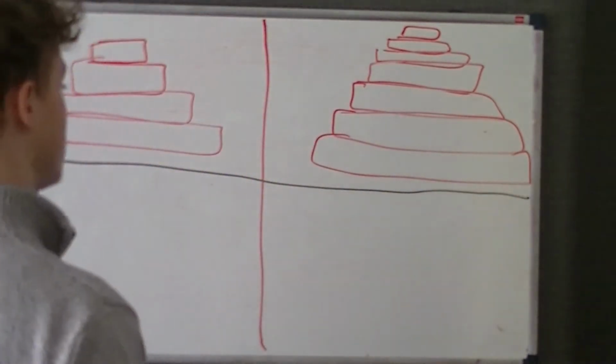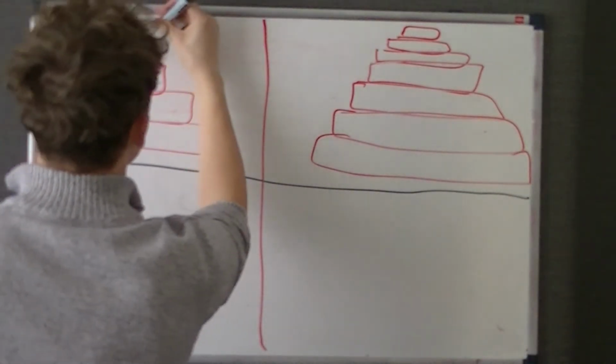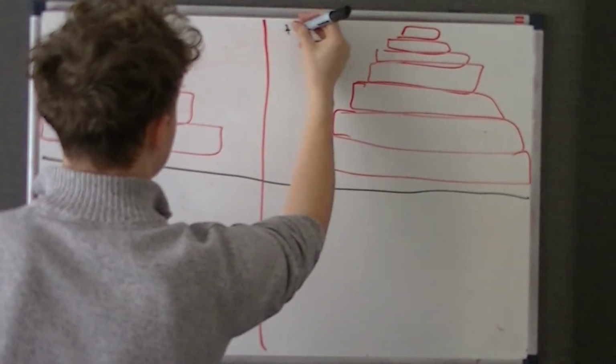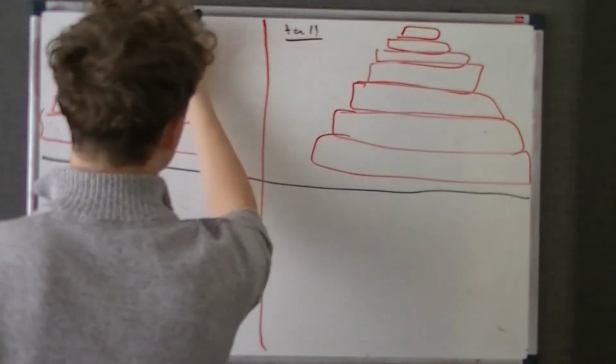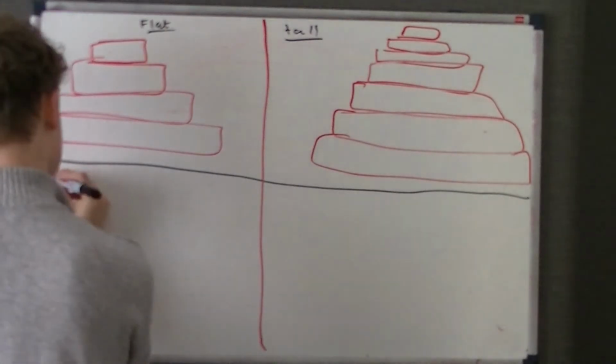Okay, so they're the two structures. I'll put this as flat, because my drawing's that bad, and tall. So, what are the advantages and disadvantages? Well, I'm going to put the advantages in black.